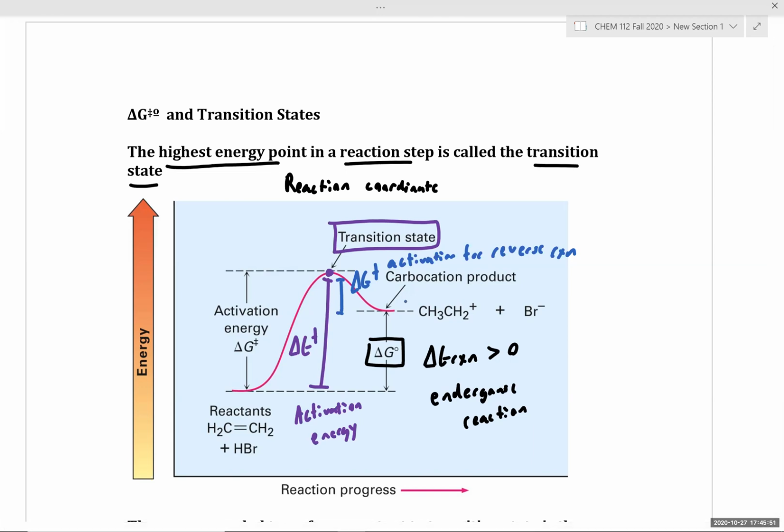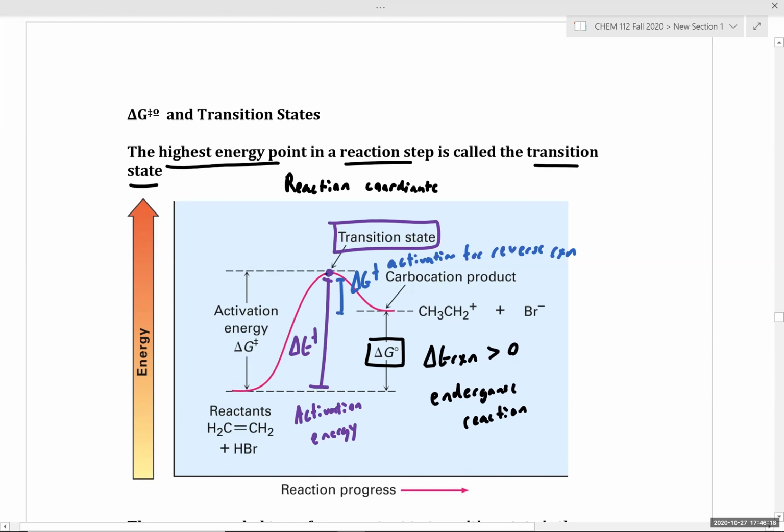Does this make sense to everyone so far? How we've labeled this reaction coordinate, how we've identified the transition state as the highest energy point in a reaction step. The activation energy is the amount of energy required to reach the transition state. Note, we have to look at the activation energy for the forward and the reverse reaction.